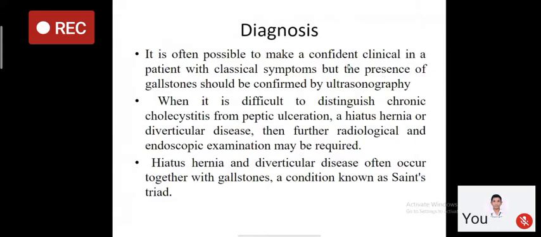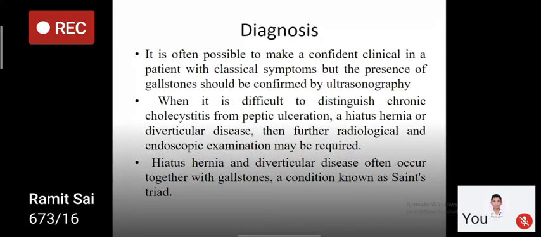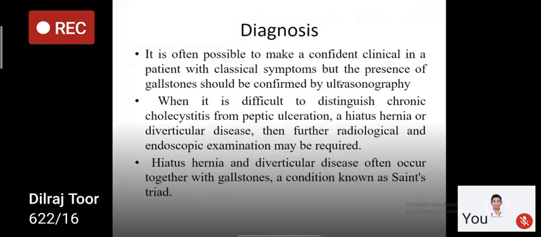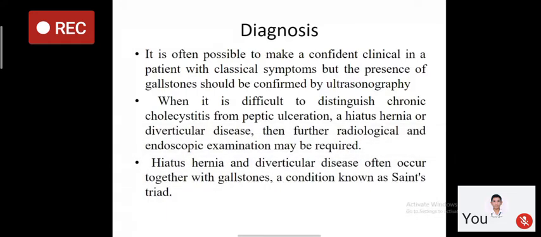If a patient is having pain in the epigastrium or right hypochondrium, which typically starts after taking food, radiates to the back or sometimes to the right shoulder, with associated nausea and vomiting, and on ultrasound there is gallstone, then most probably this pain is because of gallstone.